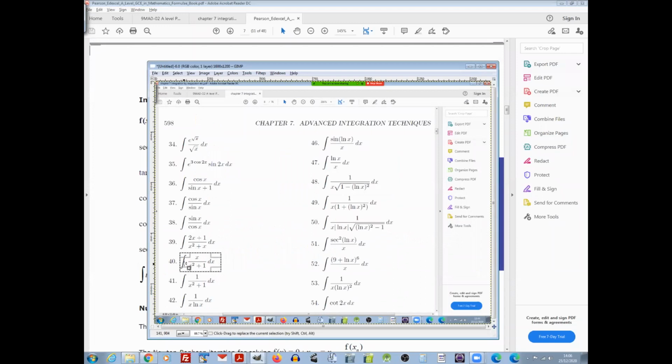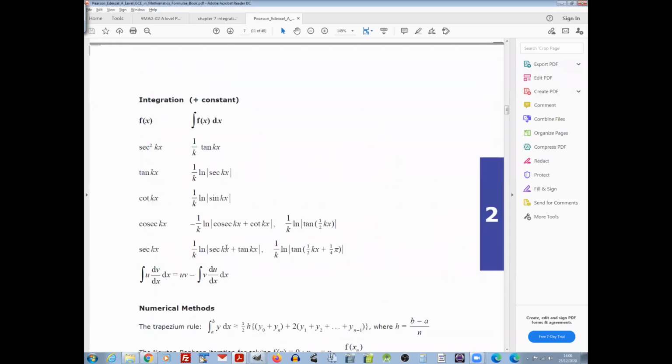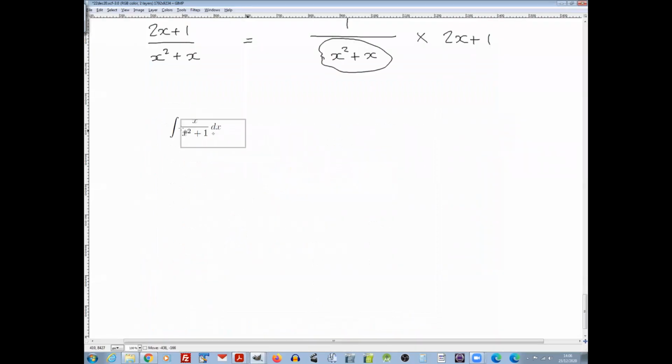Okay, maybe a bit of adjustment needed with this one. What do you reckon? Okay, x squared plus 1 would probably be the blob. 1 over.